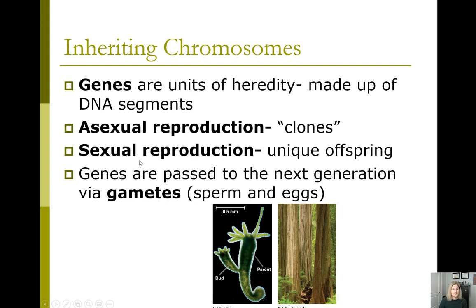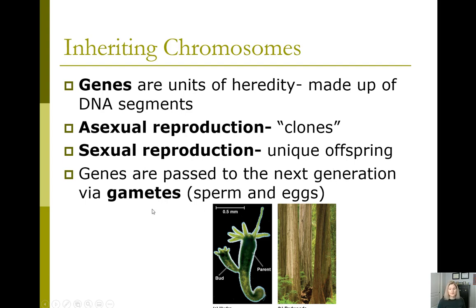Some plants and animals and other creatures undergo sexual reproduction. So sexual reproduction means that we're going to have two separate parents providing genetic information to form an offspring. And because your genetic source is from two different sources, you're going to end up with unique offspring through sexual reproduction. So asexual, think cloning, sexual reproduction, unique offspring.